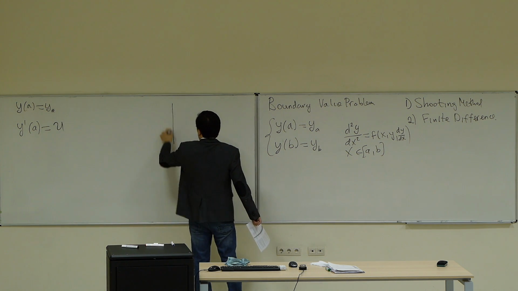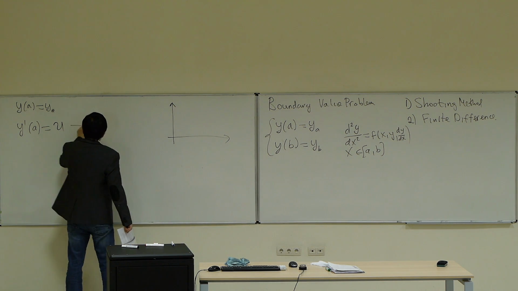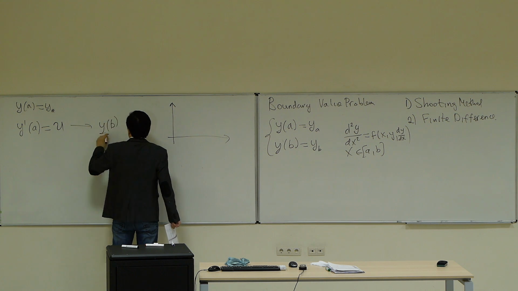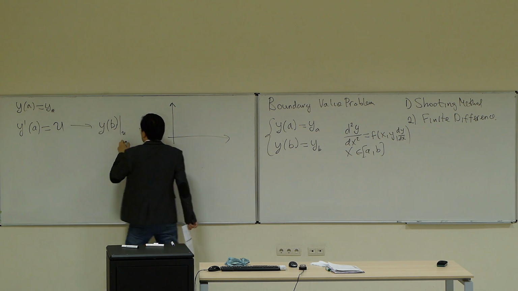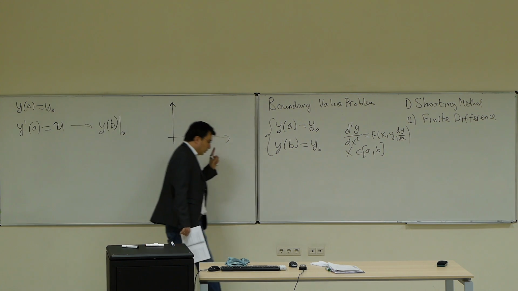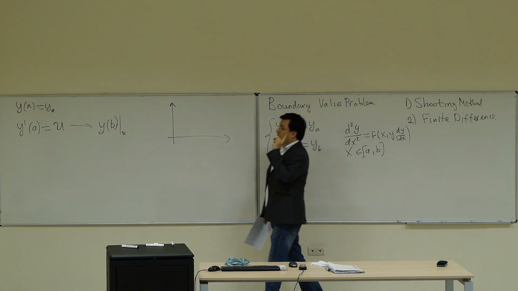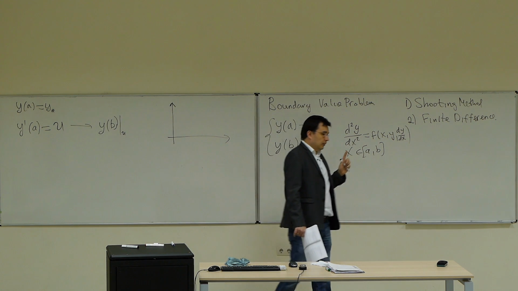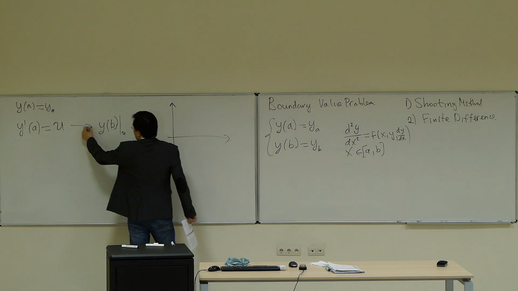I'm going to guess the value of the derivative of y at point A, solve this equation, and using this guess I will try to find the value of y at point B. Using that, I will solve it using the methods which we discussed last lecture, for example Euler's method, and find the corresponding value of y of b.